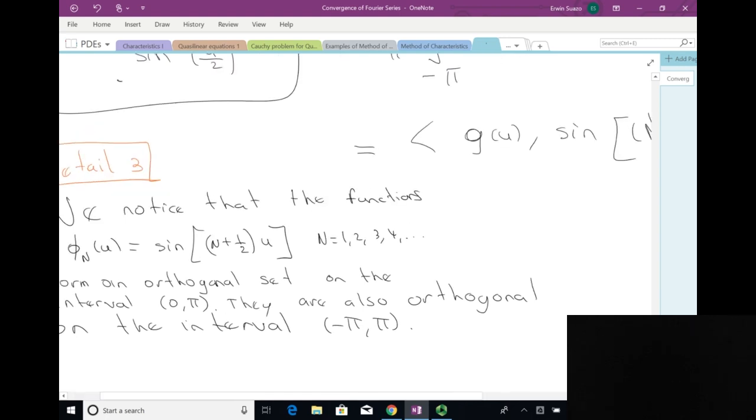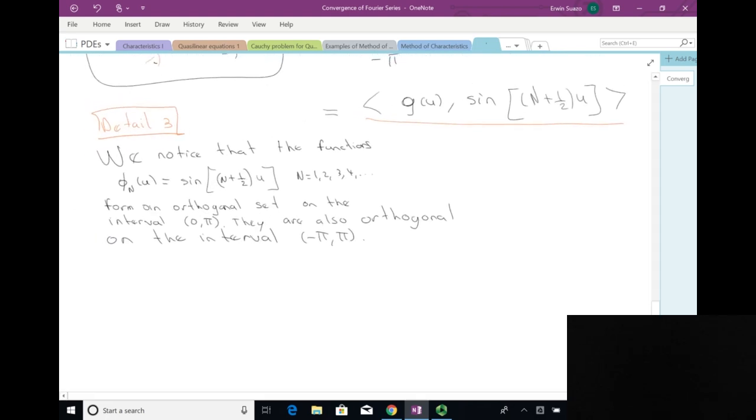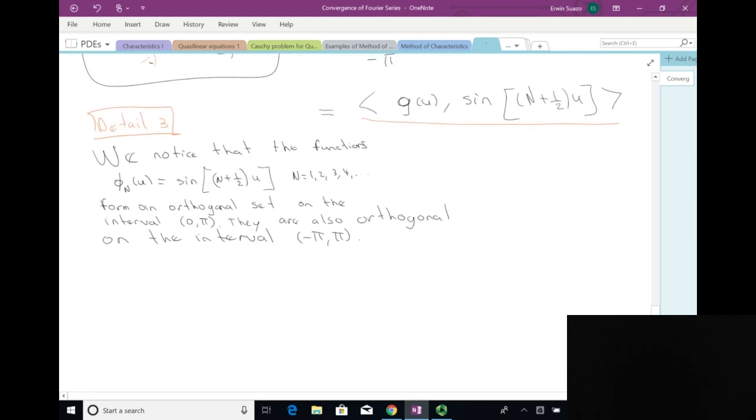Okay, so we are saying this difference is the inner product of these two guys, where g is this function. And now it turns out that with this guy I can make an orthonormal set, or orthogonal set. Okay, so why is that good? That is good because we can use Bessel's inequality.